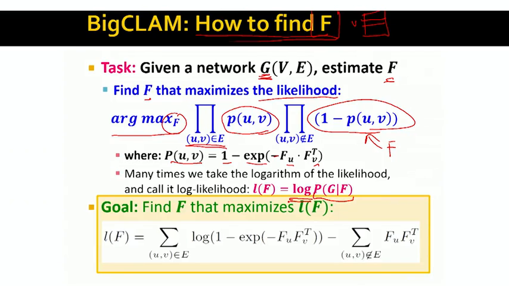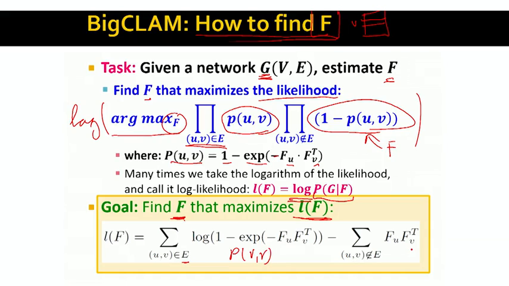Okay? So now we know what our goal is. Our goal is to find F that maximizes the log likelihood. What is the log likelihood? The log likelihood is simply the logarithm of this expression up here. So if I write it out, I have a summation over all the edges. Before I had a product, now I have a summation. This is the probability of an edge UV.